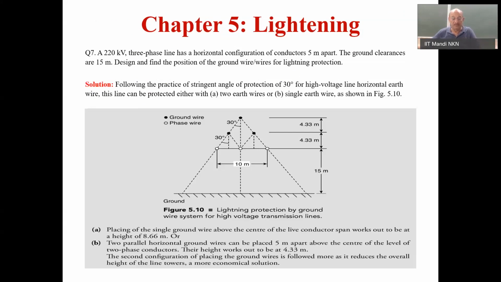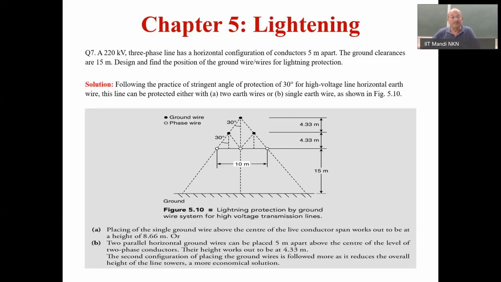Two philosophies, a cone angle of 30 degrees and 45 degrees. The 30 degrees is stringent when you want to be more or less sure that lightning will not strike upon the live conductor.